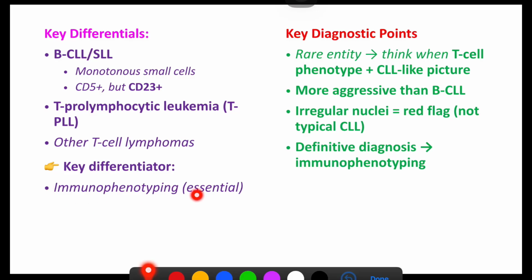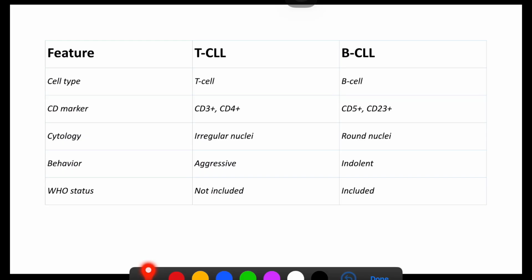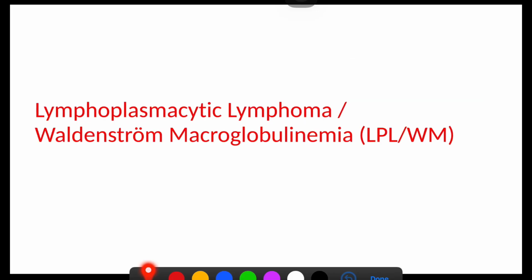So, immunophenotype is essential to differentiate this type of monotonous small cell pattern. So, key diagnostic points are it is rare entity, think when T cell phenotype but CLL like picture, more aggressive, irregular nuclei which is red flag and typically not seen in CLL, and definitive diagnosis is with the help of immunophenotyping. So, this is the differentiating table where you can have different markers, cytological and behavior differentiation.